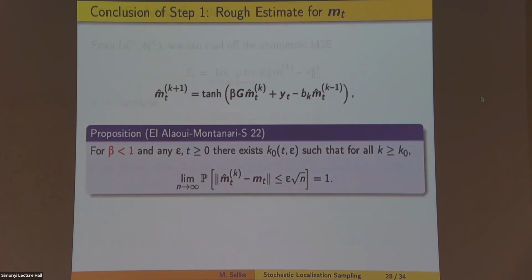Okay. So all of this gives you a rough estimate of this flavor: for any epsilon, you can get a good approximation up to epsilon relative error.